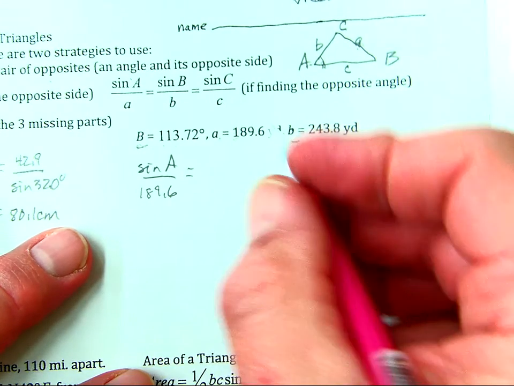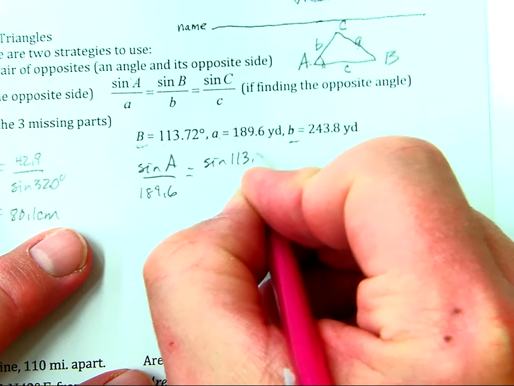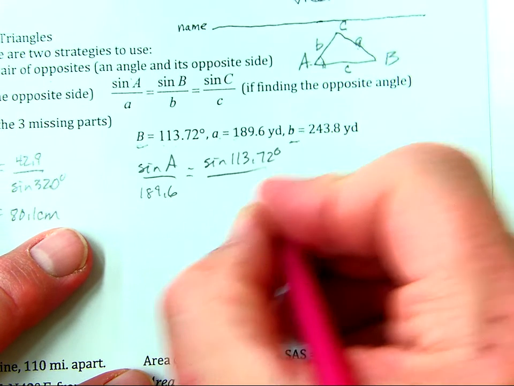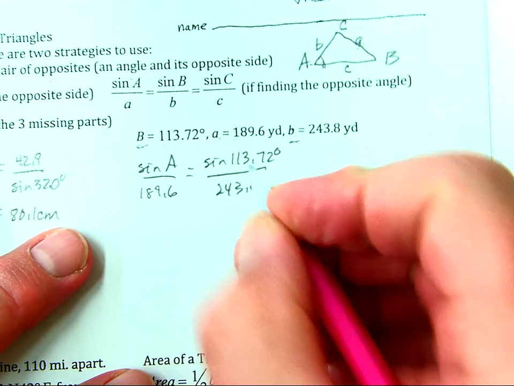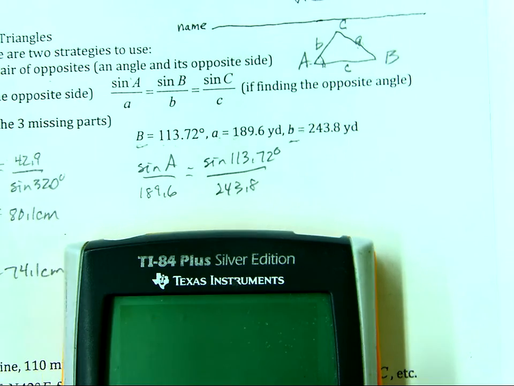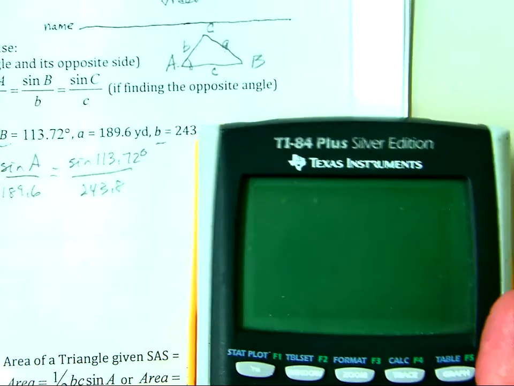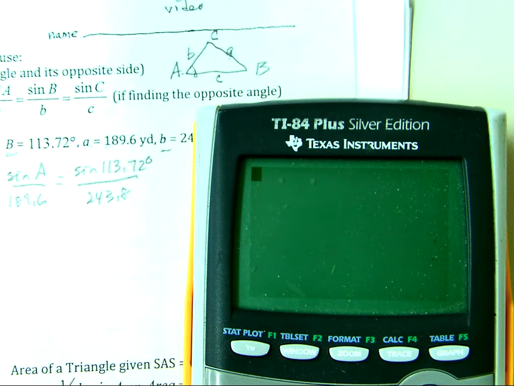Now the pair we know, so on the top we put the angle, the sine of 113.72 over its opposite side, 243.8. Now again, we're going to use our calculator. So we do that right side first.